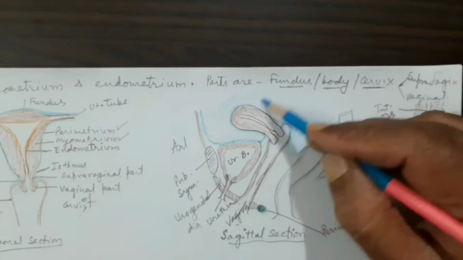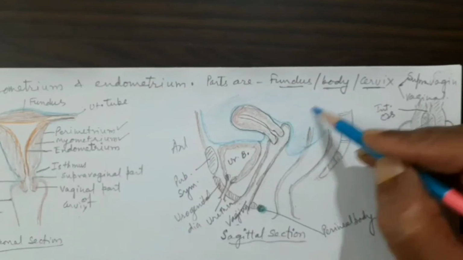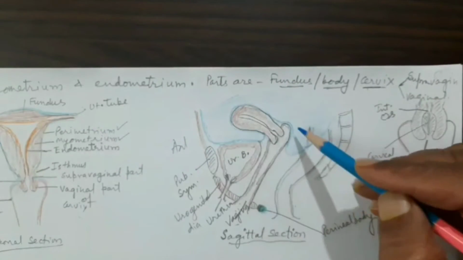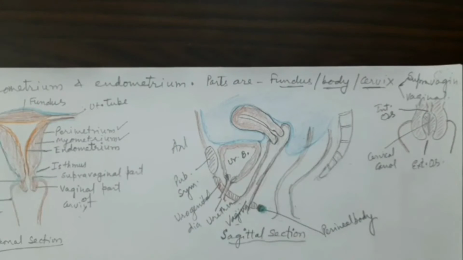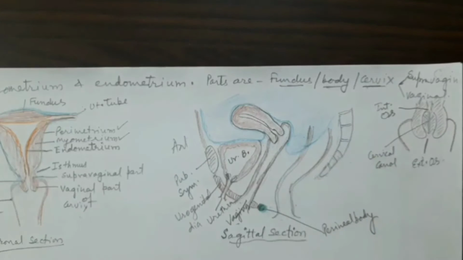This in blue color I have drawn is the peritoneal cavity, lined by the peritoneum. So the whole blue is peritoneum. While it is reflecting like this, two pouches are produced.